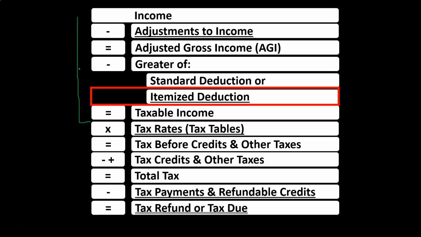So when you hear the term below the line deductions, you're thinking of either the greater of the standard deduction or the itemized deductions. The itemized deductions are what we are going to be concentrating on here. These are the ones that you're only going to be taking if they add up to something greater than the standard deduction.